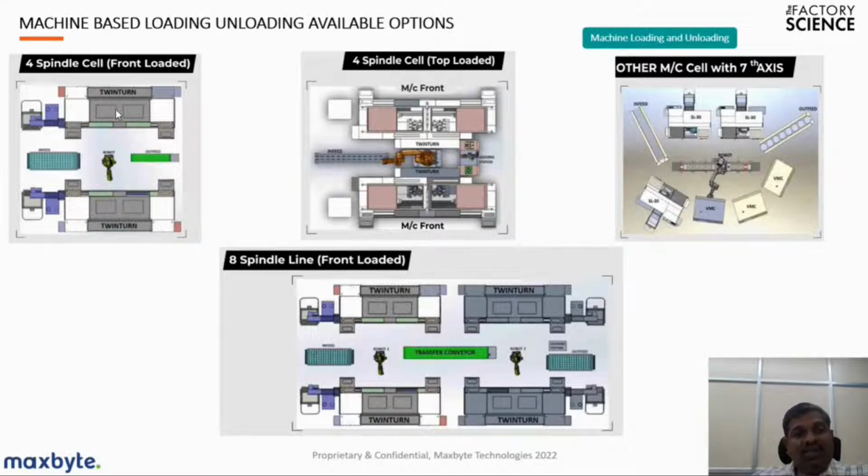In this scenario, we have twin turn machines with a double spindle, and opposite to that there will be another machine. Then we will have a robot. The parts are fed on the conveyor.